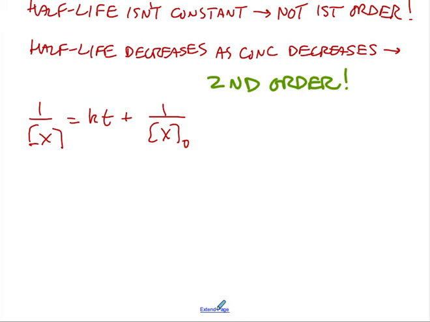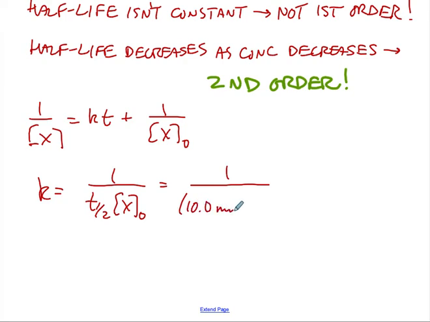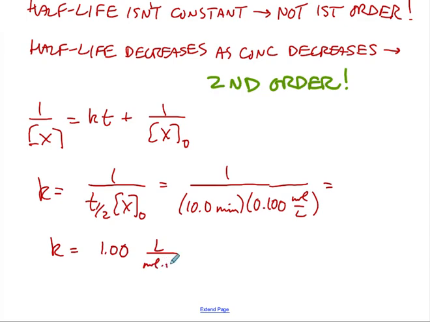So taking the formula for the half-life of a second-order reaction, I'll rearrange to isolate the rate constant k. k equals 1 over the half-life times the initial concentration, 1 over 10.0 minutes, which was the first half-life, times the initial concentration, 0.100 mole per liter, and I get a value of k equal to 1.00 liter per mole per minute.